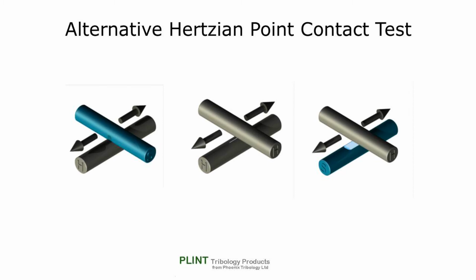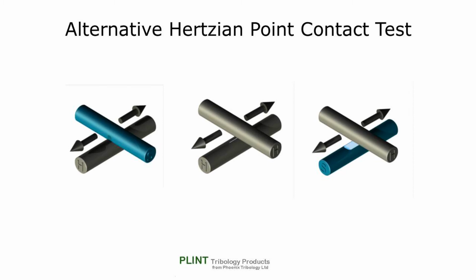A ball sliding on a flat surface is, however, not the only way to produce a sliding Hertzian point contact, if that is what you want. A cross-cylinder arrangement with equal diameter cylinders produces the same contact as a ball of the same diameter on a flat.